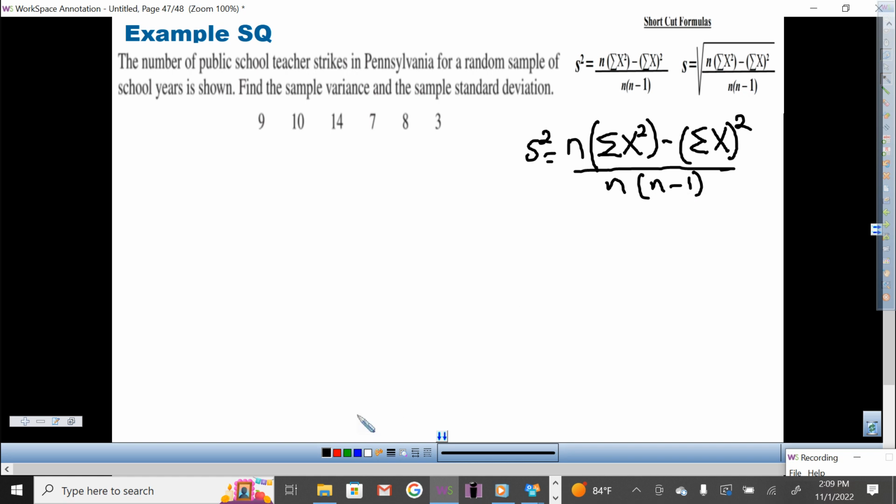Okay, let's start with this one. I'm going to use green for that part.